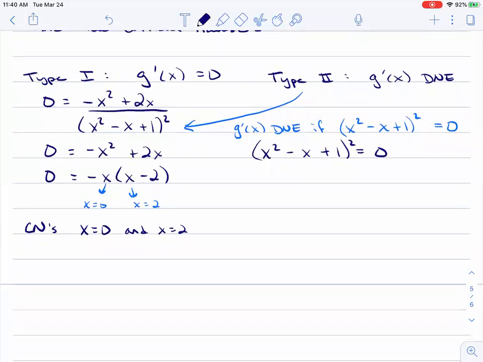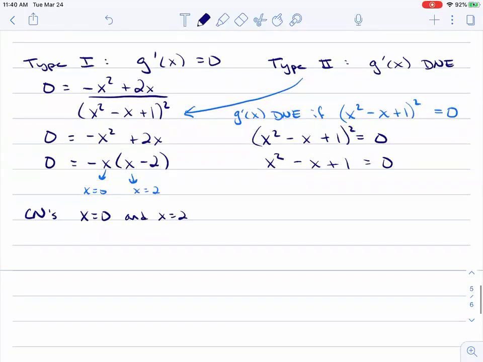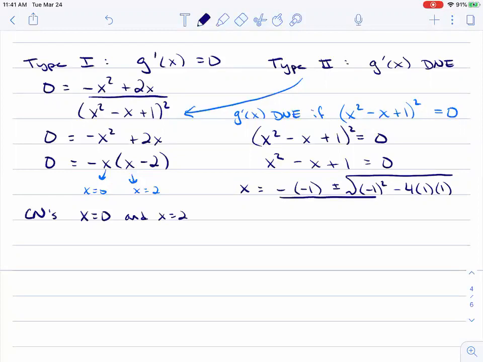I can take the square root of both sides. The square root of 0 is 0, so then I get x squared minus x plus 1 is 0. And now I've got this quadratic, which I can solve using the quadratic formula if I want. Negative b, which happens to be negative 1, plus or minus the square root of b squared, so negative 1 squared, minus 4, a, which is 1, c, which is 1, oops, over 2a, which is 1.